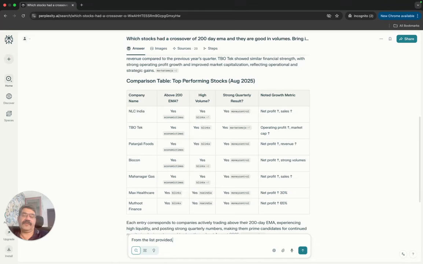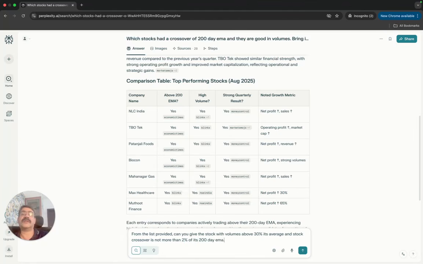can you give me the stock with volumes above 30% of its average and stock crossover within 2% of its 200-day EMA.